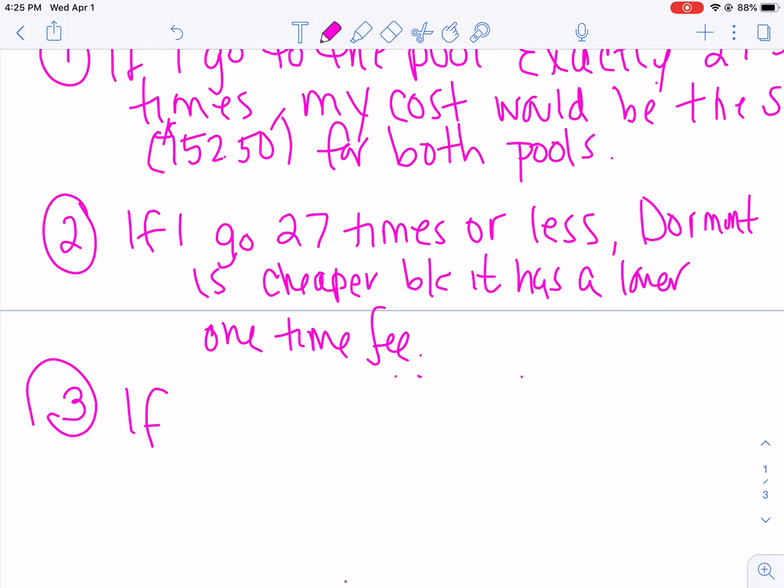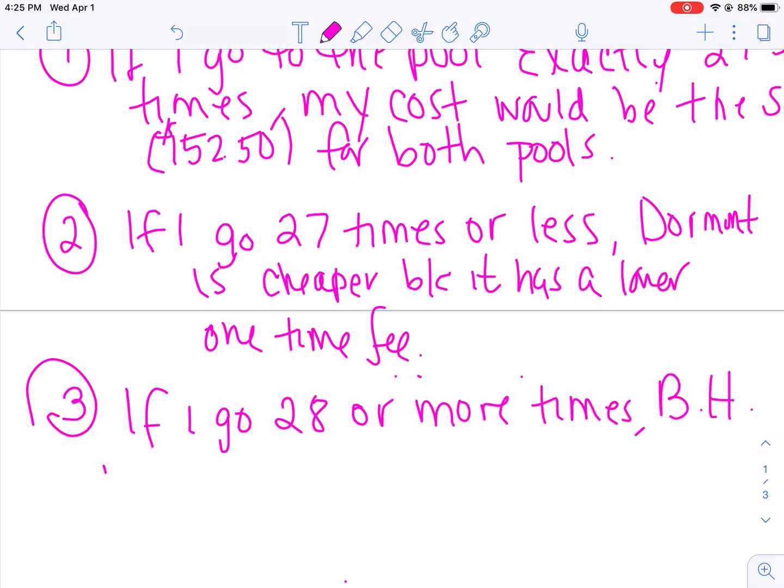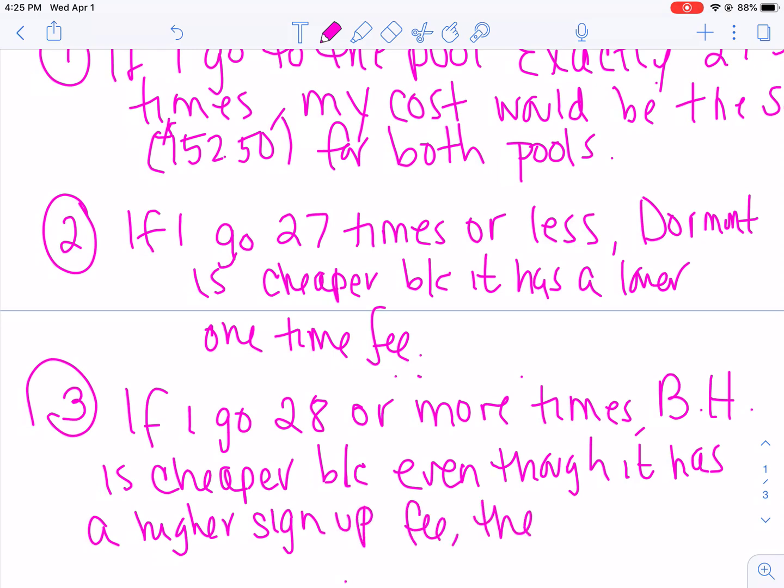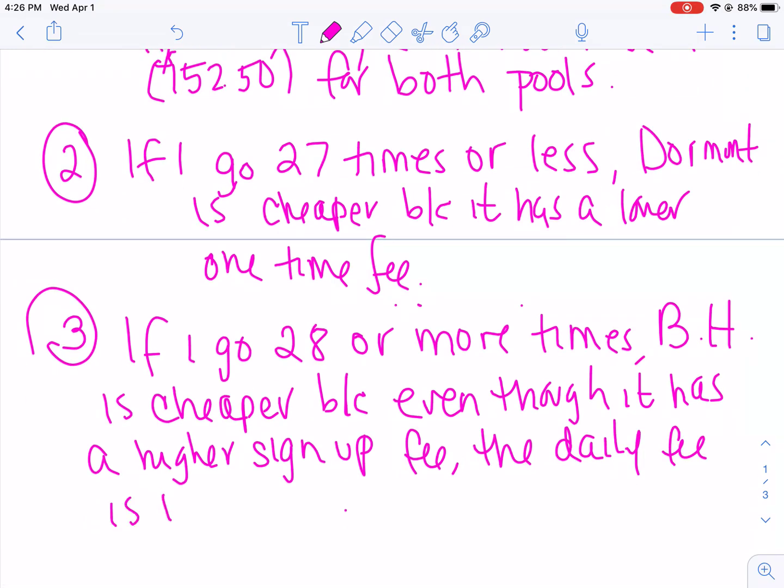So if I go 28 or more times, Bower Hill is cheaper because even though it has a higher sign-up fee, the daily fee is less.